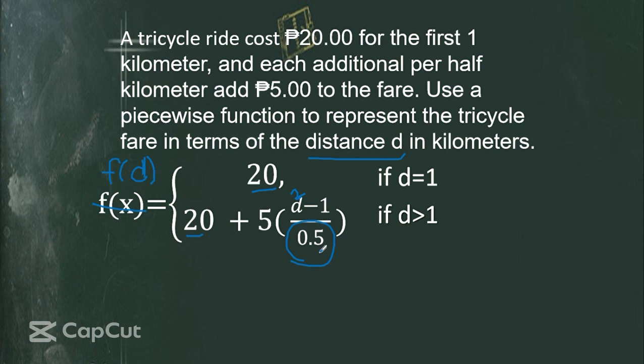That means how many? 1 divided by 0.5 is equal to 2. So, 2 times 5 becomes 10. Then you add that fare to the original fare for the first kilometer.